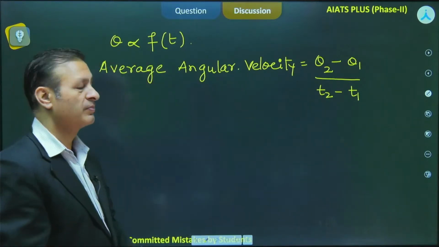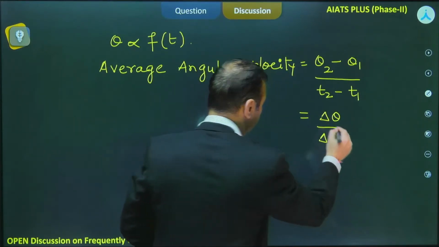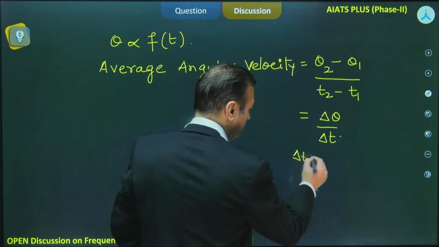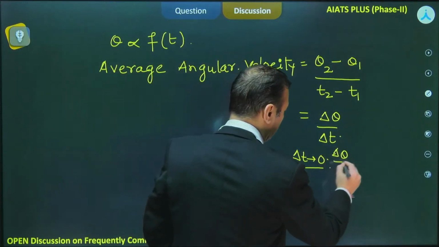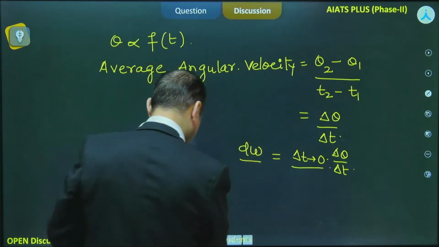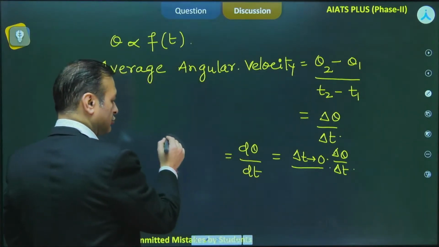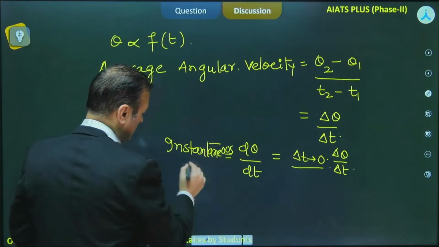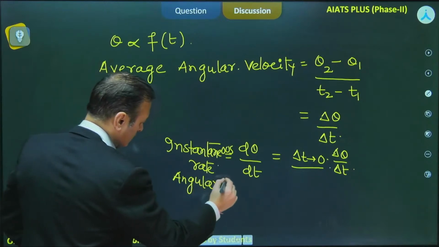You write it as delta theta by delta t. And if you put the limit delta t tends to 0, then delta theta by delta t becomes d theta by dt, and that becomes your instantaneous rate or instantaneous angular velocity.